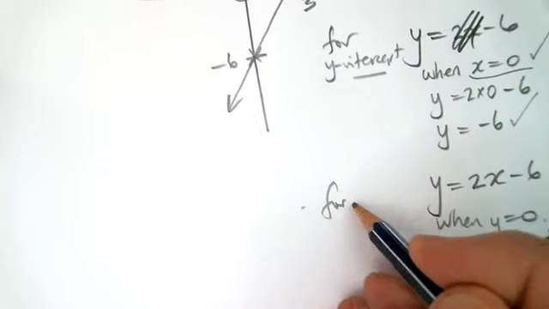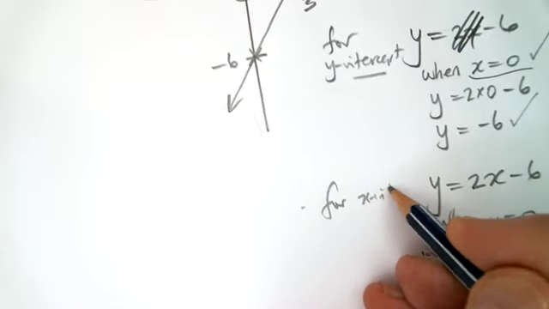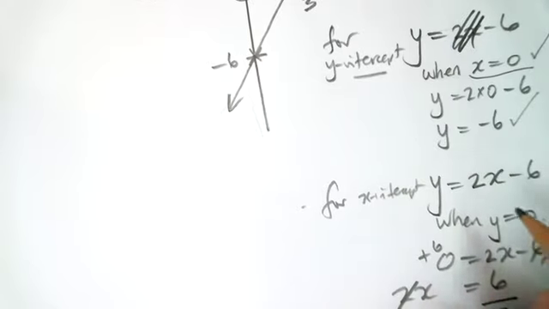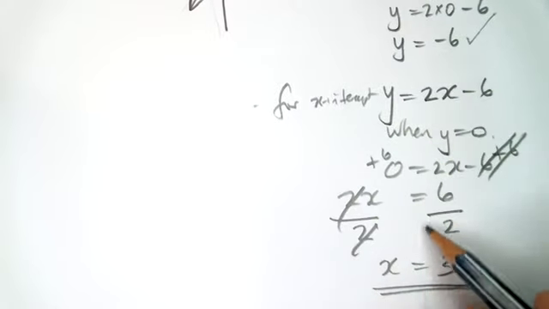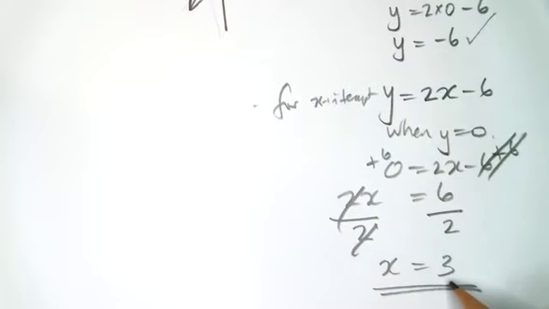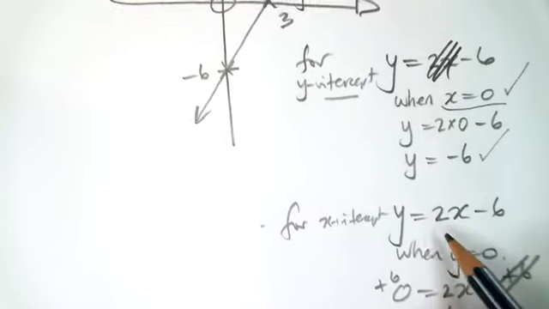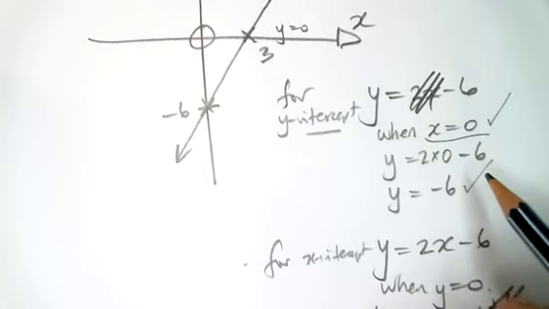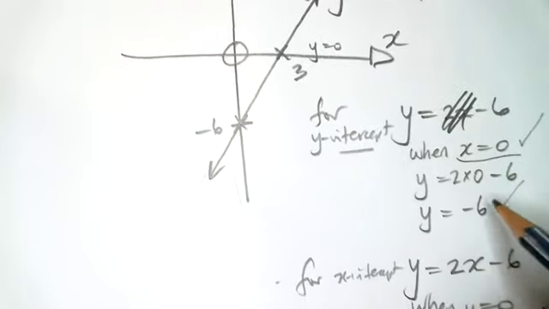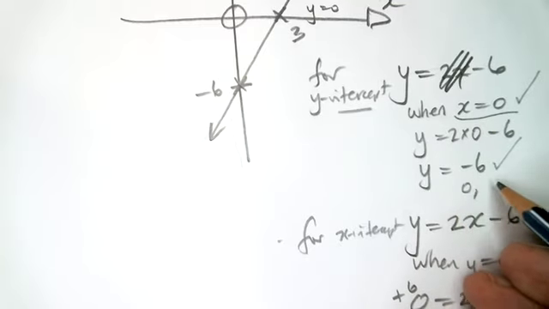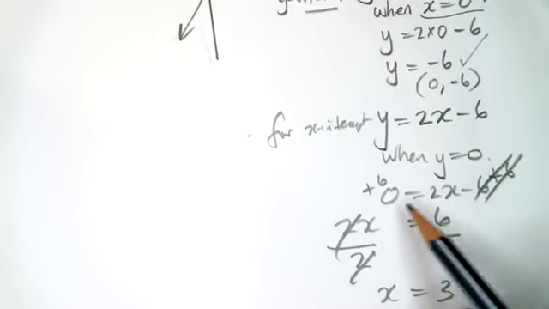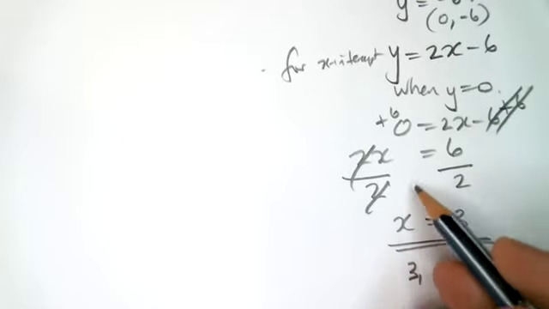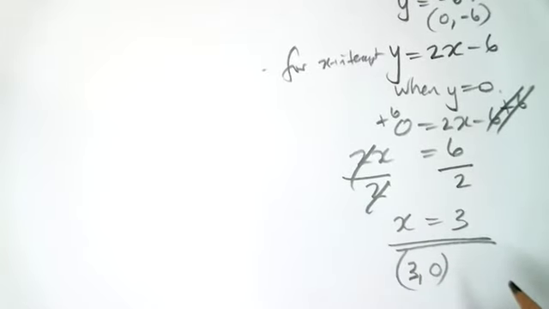For the x-intercept, we make y 0 and we find x. All right, so we've got a coordinate here. We have x 0, so the coordinate is 0, comma, minus 6. And for this one, x is 3, comma, 0, which is y.